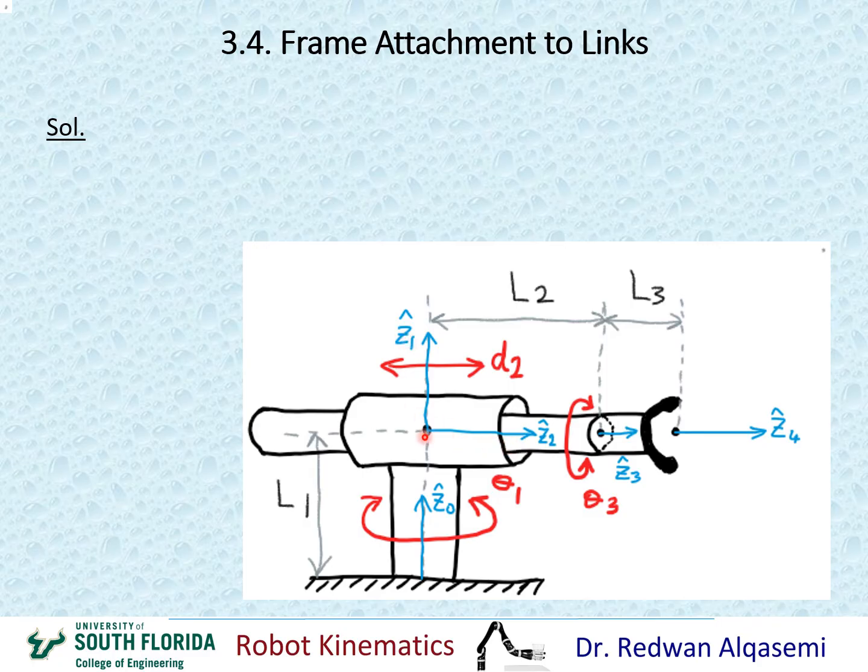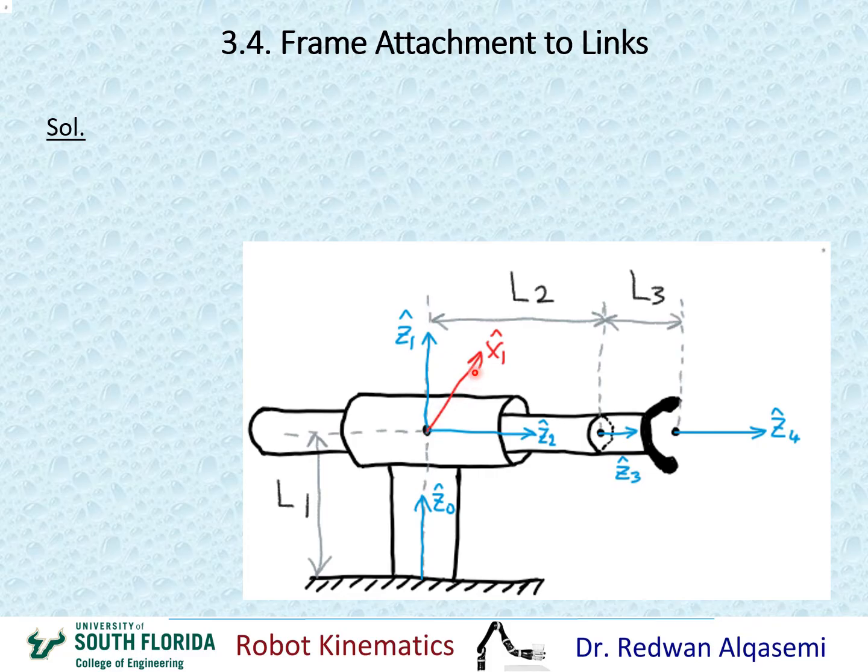So obviously Z1 and Z2 are on the plane of the screen, which means that x1 will have to be going into the screen or out of the screen. Since this drawing is a 3D drawing, I'm just going to draw x1 in 3D, and I'll have it going into the screen. So this is my x1 right here.